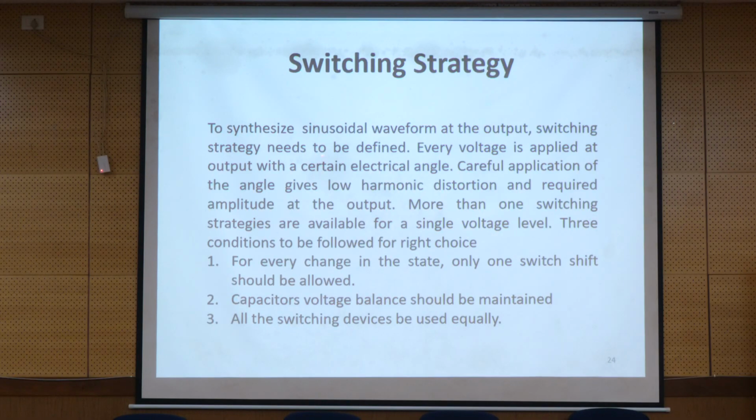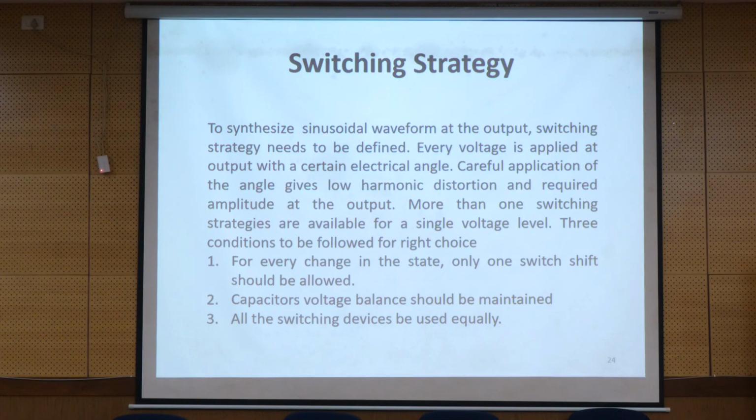Every voltage is applied at the output with a certain electrical angle. Careful application of the switching angle gives lower harmonic distortion and the required amplitude at the output.